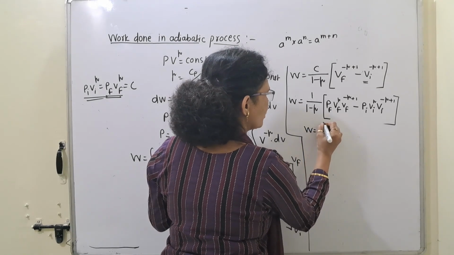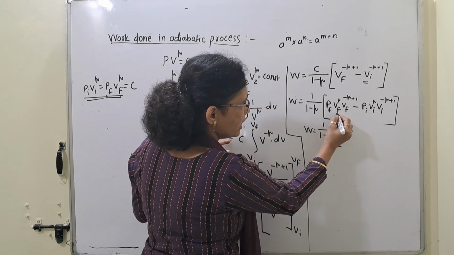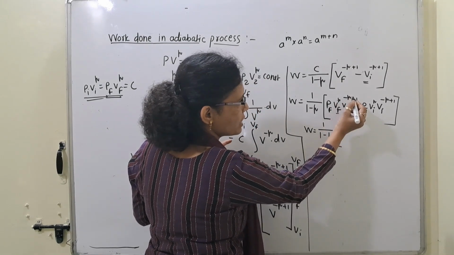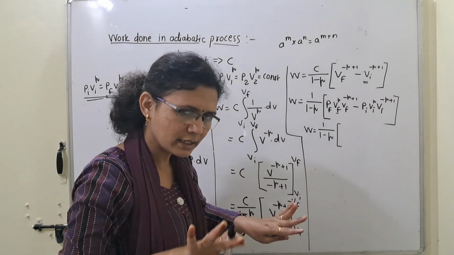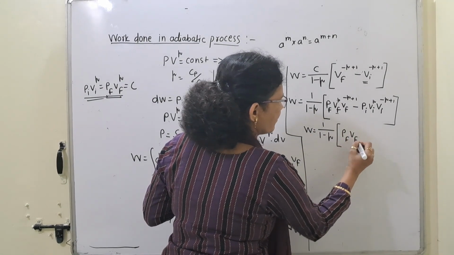Therefore, W is equal to 1 upon 1 minus gamma in bracket. This Vf raised to gamma and this Vf raised to minus gamma will get cancelled, and the remaining term will be Pf Vf only.